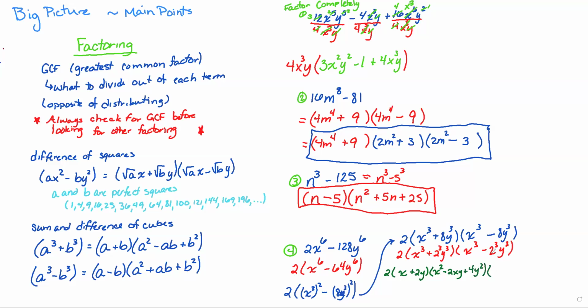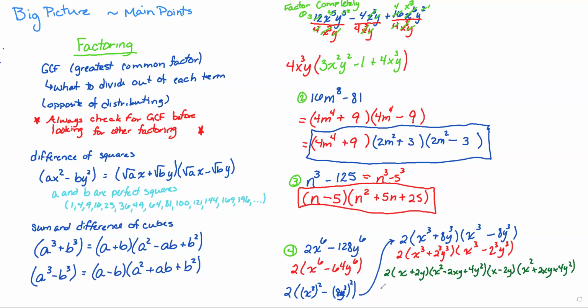And then it's times, the other one is going to be x minus 2y. And then it'll be x squared plus 2xy plus 4y squared. All right, so just to make things look a little less cranky, it's still not going to be pretty.